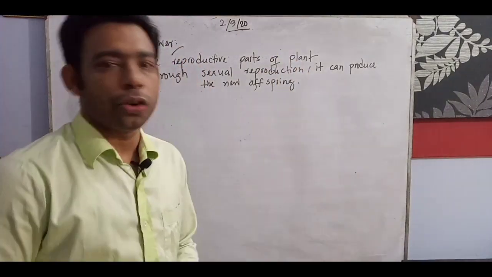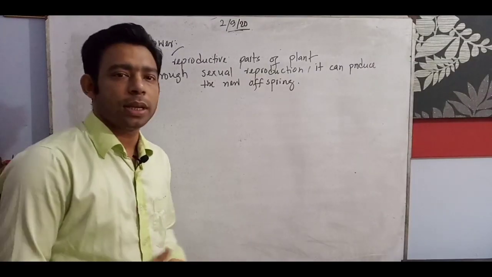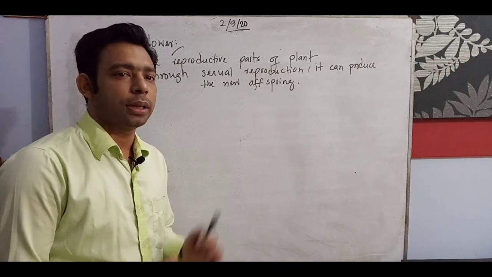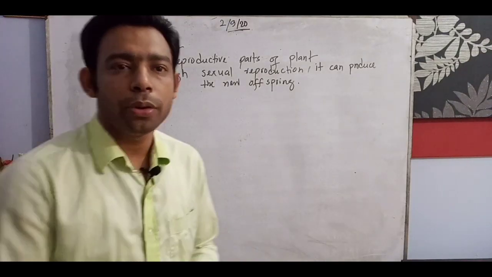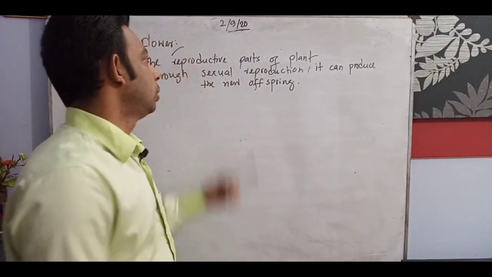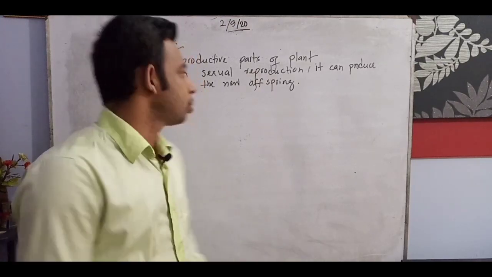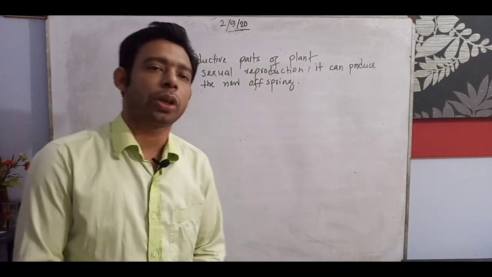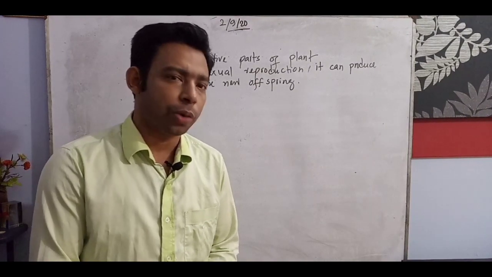Generally, if I ask you what a flower is: the reproductive part of the plants, and not only that, through sexual reproduction, the male and female parts in the flower can produce the offspring. So it is very important to know the definition and general concept of the flower.